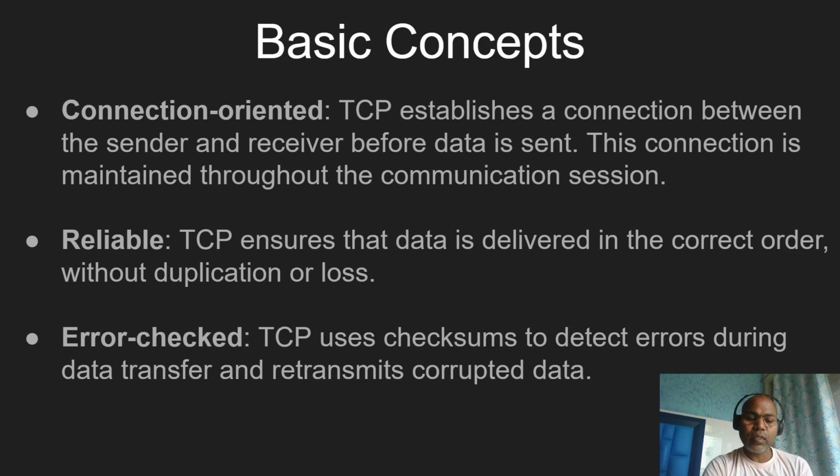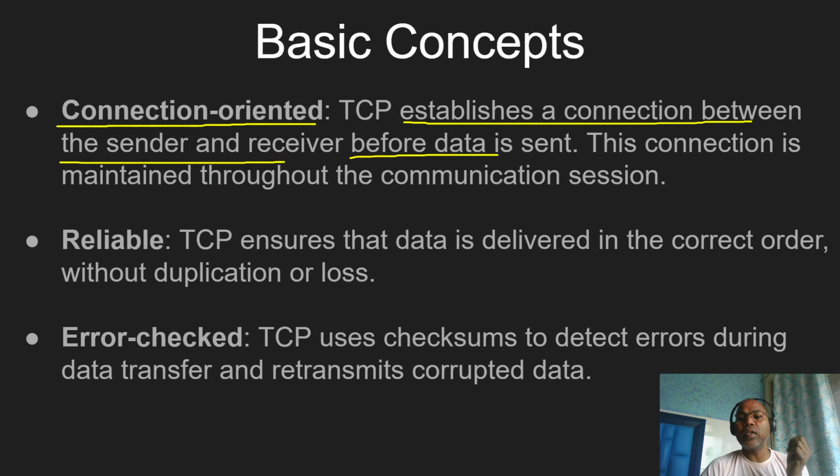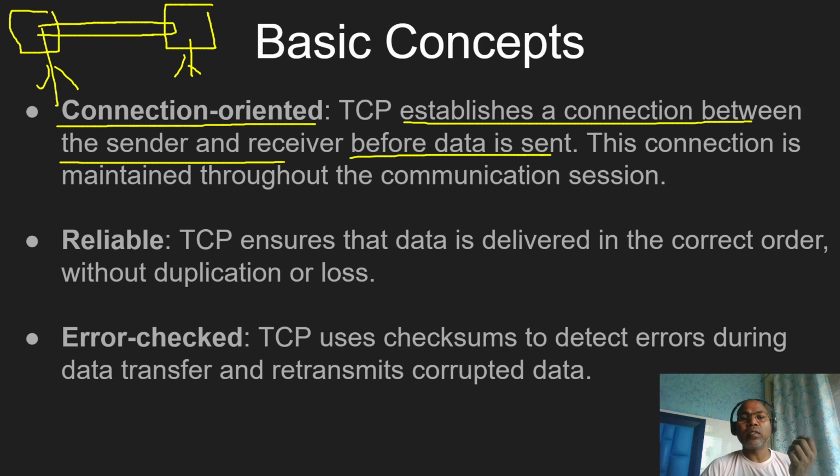These are some basic terms and concepts we should be aware of, like what we mean by TCP being connection-oriented. What do you mean by connection-oriented? TCP establishes a connection between the sender and receiver before sending data. That means whenever a client wants to communicate with the server or machine, first the protocol says I am going to make one connection between the sender and receiver.